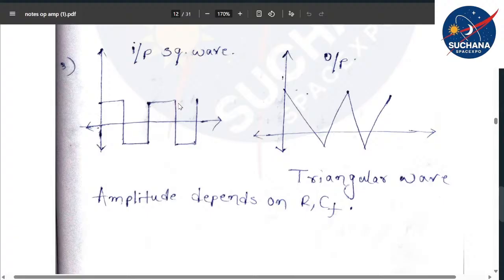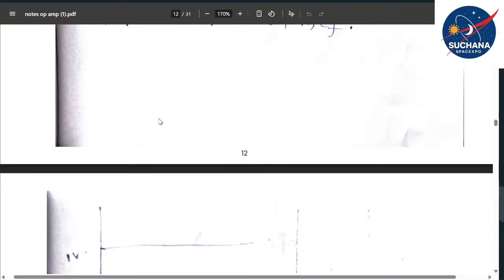So amplitude is dependent on the values that you choose for the components. It could be a reactive component or it could be a linear component like a resistor, or it could be a capacitor.